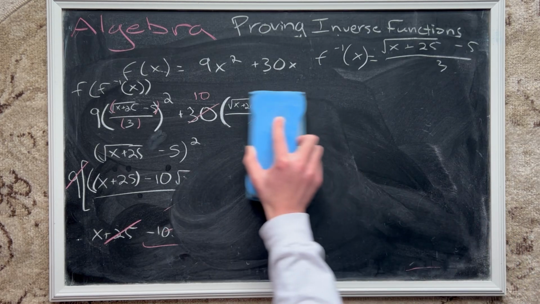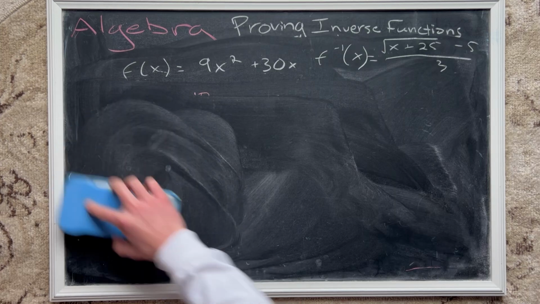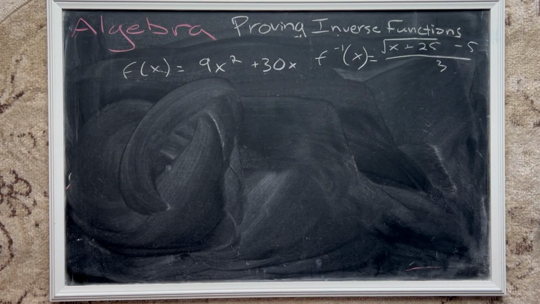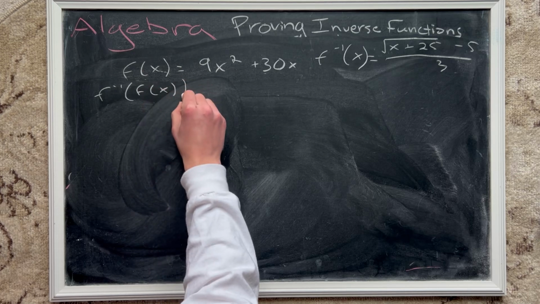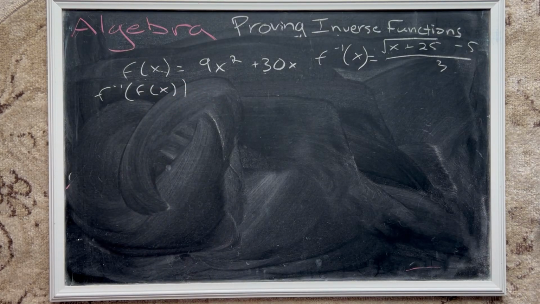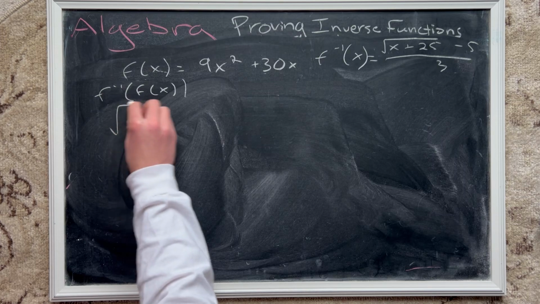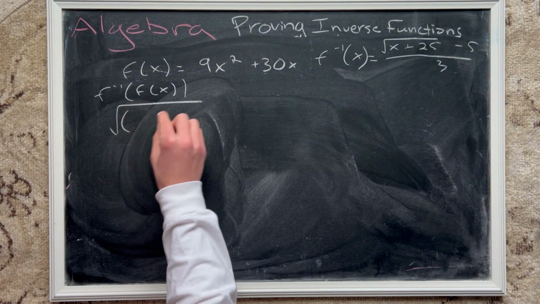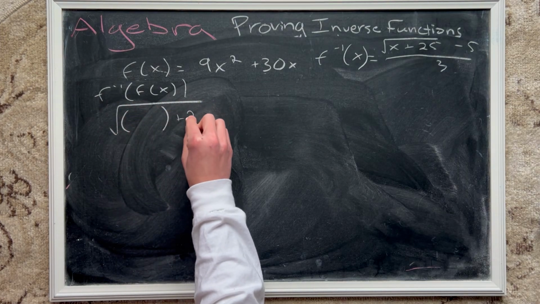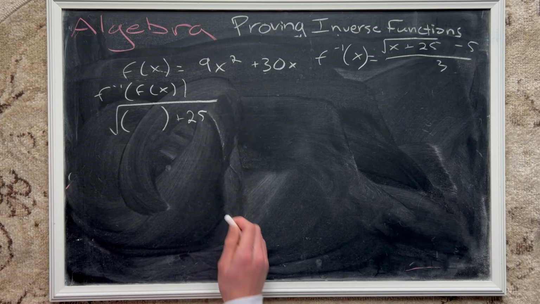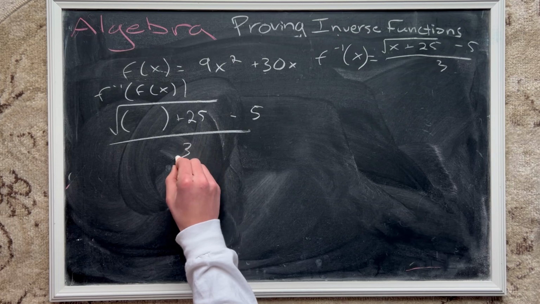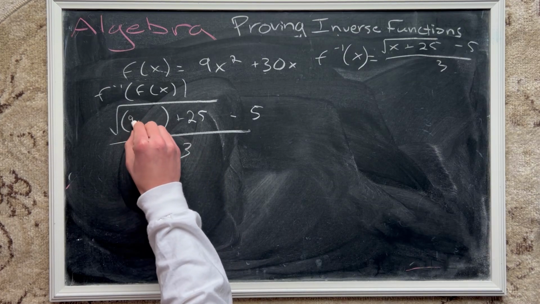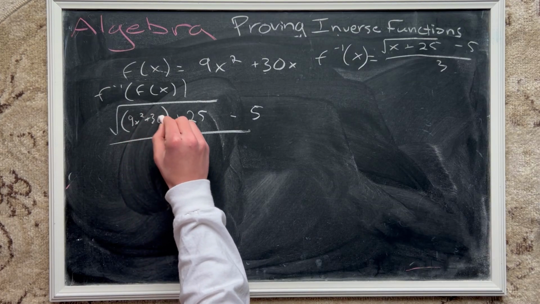Then the second one is going to be f inverse of f of x. And that is going to be equal to, if we start with f inverse, we get the square root of the quantity plus 25, minus 5, over 3. So the quantity is 9x squared + 30x.